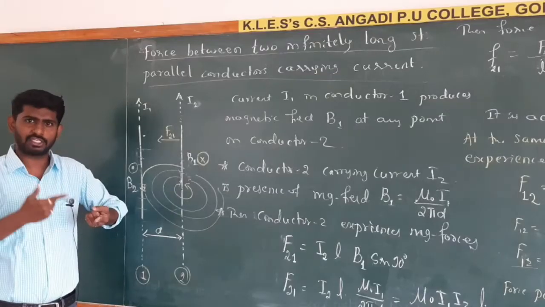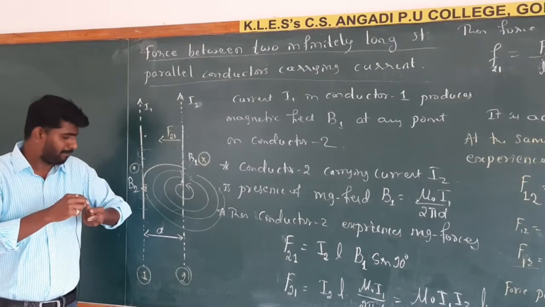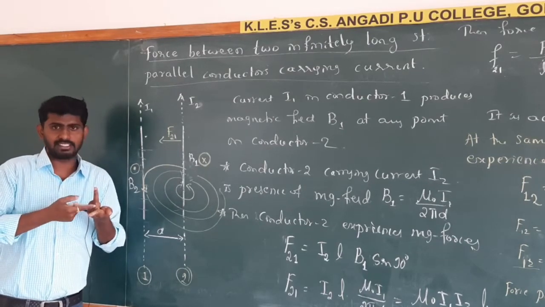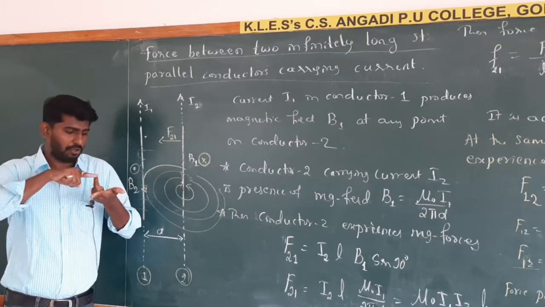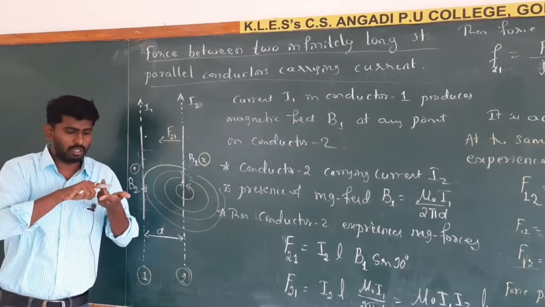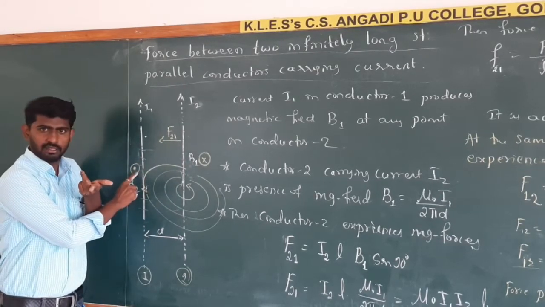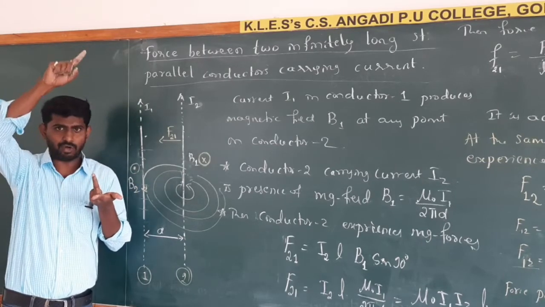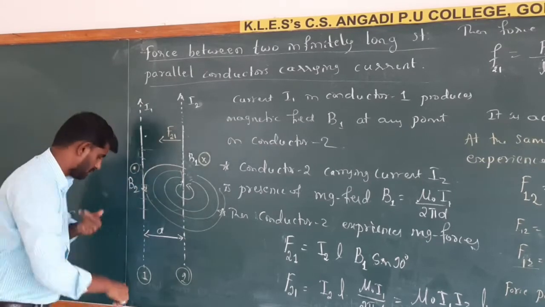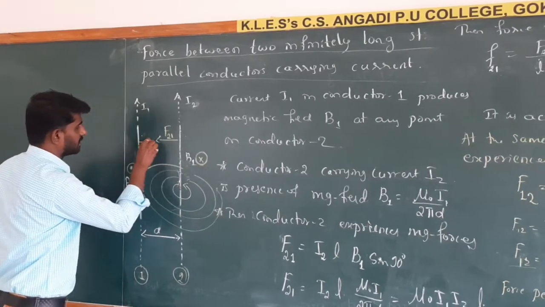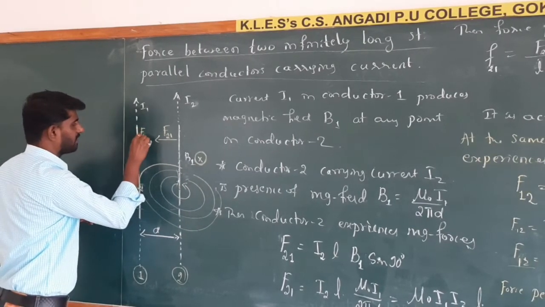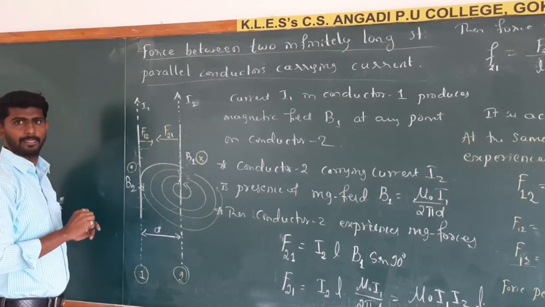Current is in the upward direction. Which finger should I show here? Middle finger. See my middle finger. It is directing upward. Okay, and see the thumb, in which direction is it? It is like this. So the field dot means outward and the current upward, so the force is in this direction. So I will note it like this. Okay, this is the force on the first conductor due to the second.